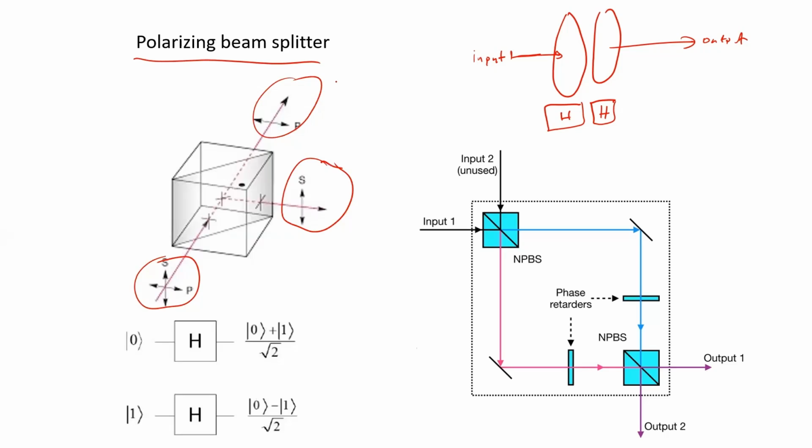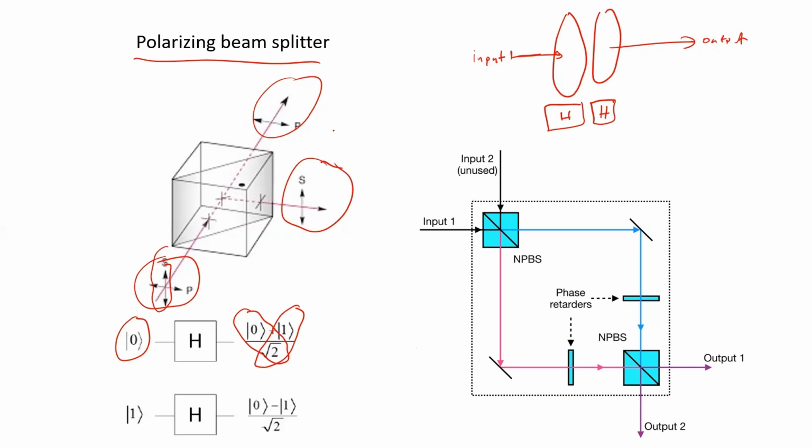So this indeed performs what the Hadamard gate performs, because remember, if you send a 0 bit to the Hadamard, you will get half of it becoming 0 and the other half becoming 1, right? And this is what will happen here. If you send the S1, half of it will go to the S and half of it will go to the P.